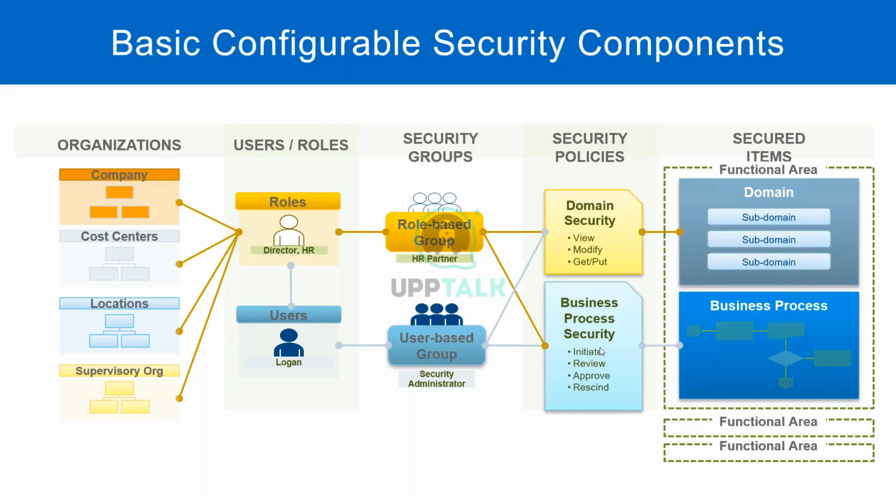Now, what kind of permissions will the business process security policy give you? Initiate, view, review, cancel, correct. All this will be given by the business process security policy.